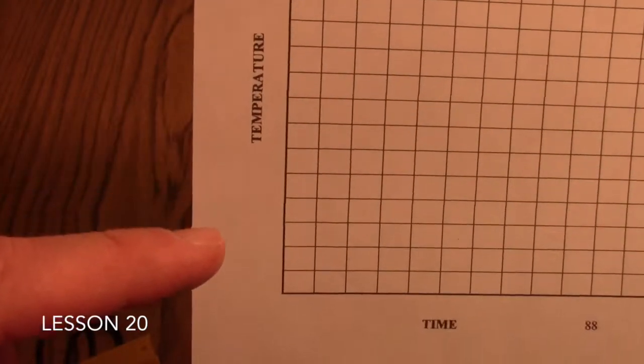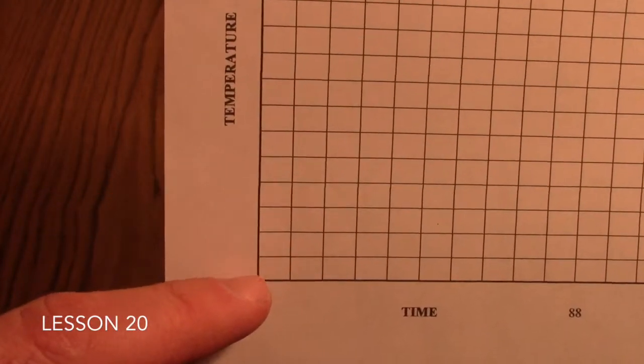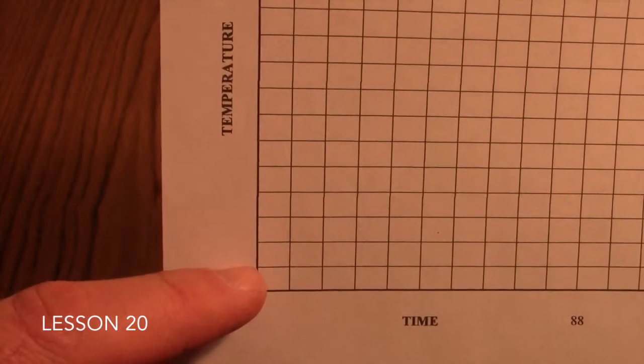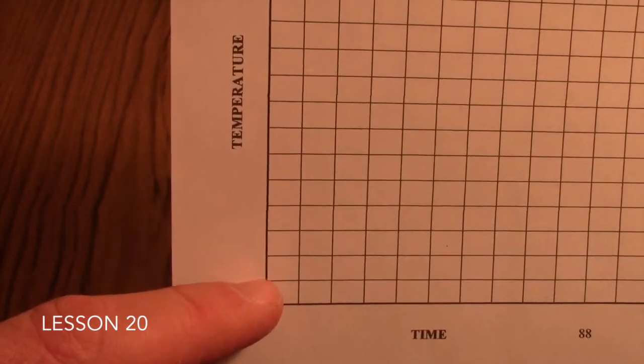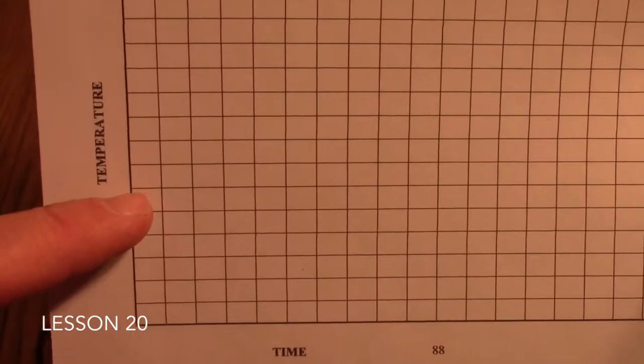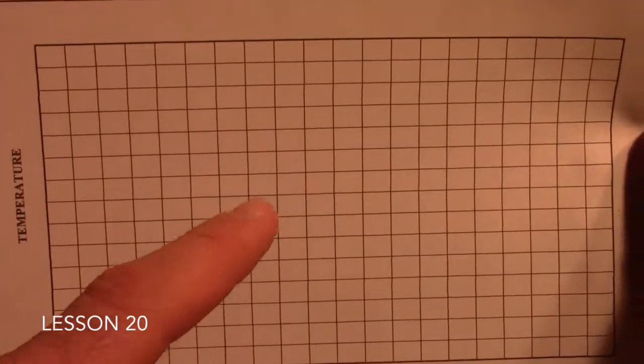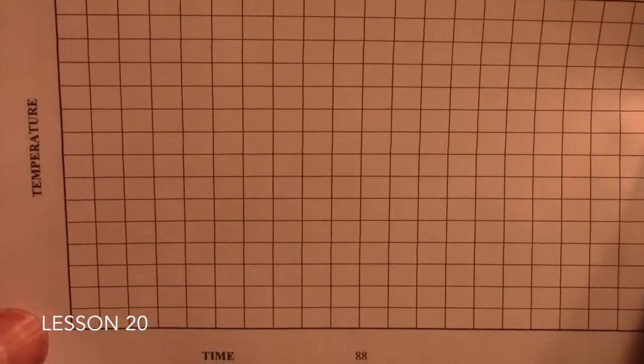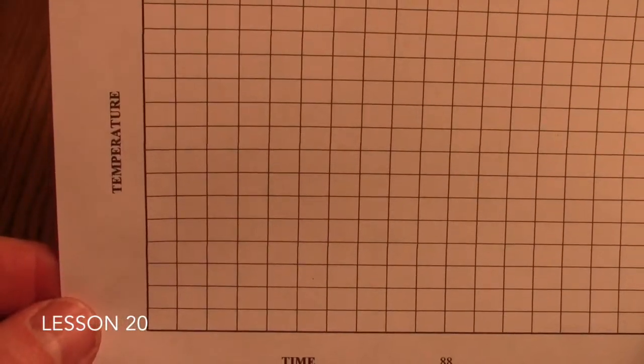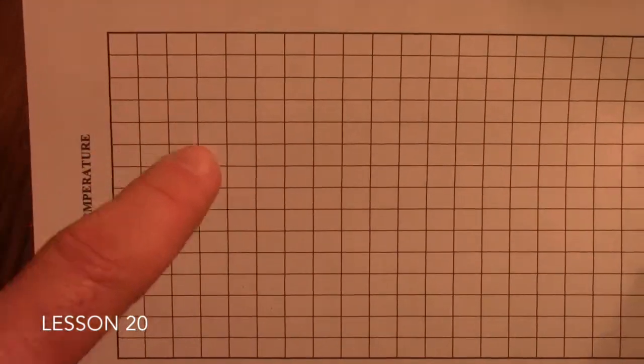Fahrenheit or Celsius, and then the bottom line can be a value close to your starting temperature, and then based on your data you collected up here, you can decide how you'll indicate the increments of temperature, and then you can go ahead and graph that exothermic or endothermic reaction according to your data up above.